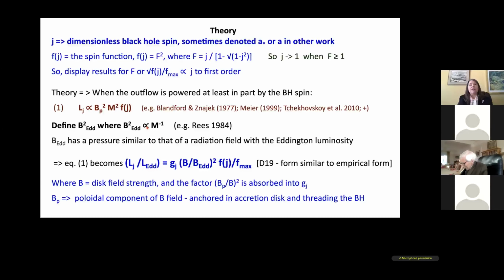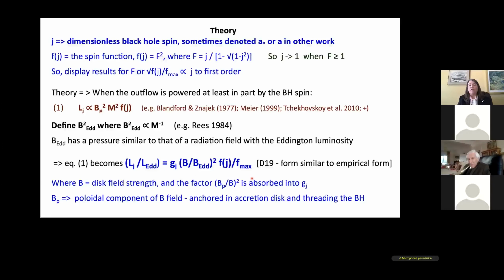And it scales, B ed squared scales as mass to the -1 power, the black hole mass to the -1 power. So 1 power of the black hole mass comes down here. And so this allows us to rewrite the theoretical equation for these sources in dimensionless separable form.